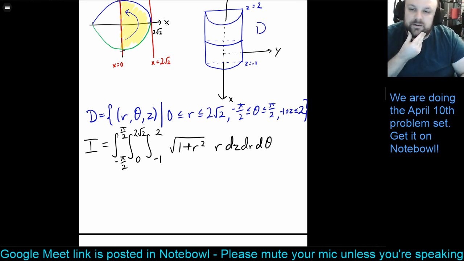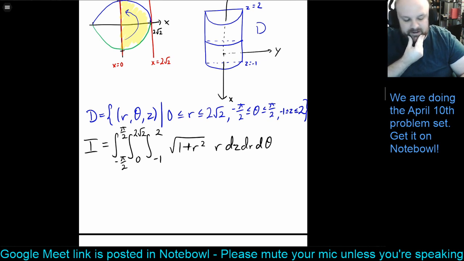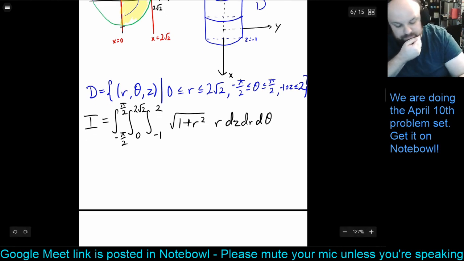So again, I think I'll avoid actually writing out the computation of this integral because it's not going to be that bad. You'll have to do a u substitution for the r integral, but it's not so terrible. I think I did work this out earlier, and this wound up being like 2 pi or something.